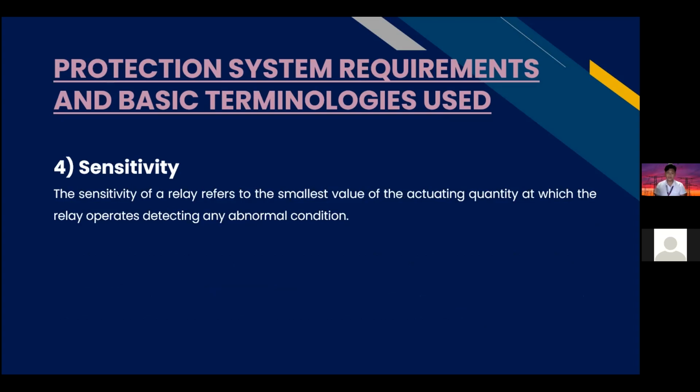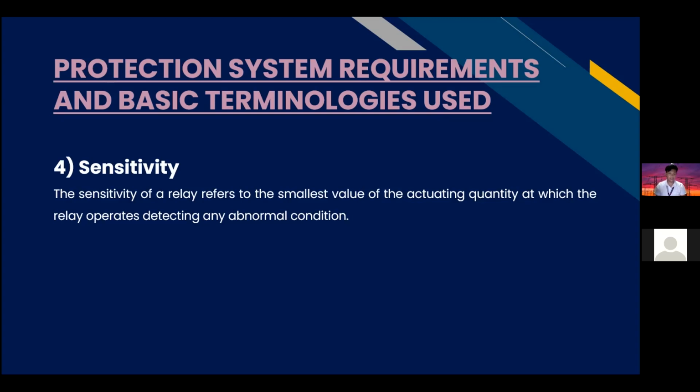The property of selective tripping is also known as discrimination. This is the reason for which the entire system is divided into several protective zones, so that the minimum portion of network is isolated with accuracy. There are actually two examples that I've mentioned before.